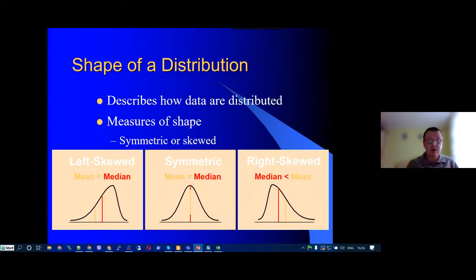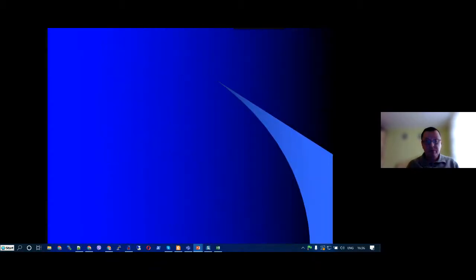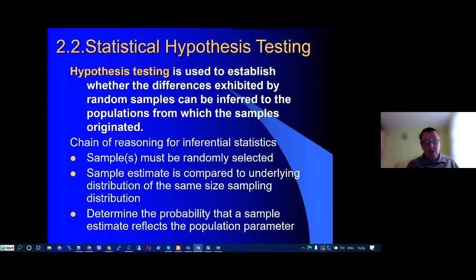In reality, when we collect our data during scientific experiments, it's very rare that our data set falls into an ideal normal distribution. Most often our data set will be skewed to the left or right of the ideal symmetric case. And it's also important to provide some sort of assessment of how it's different from normality.